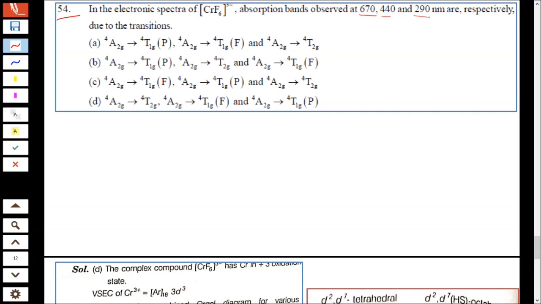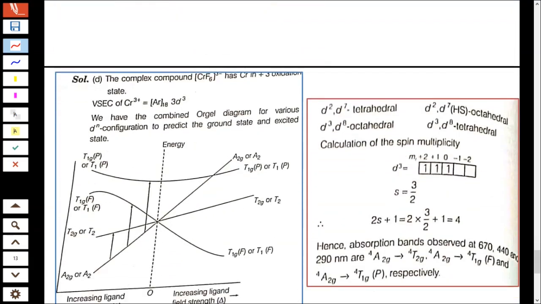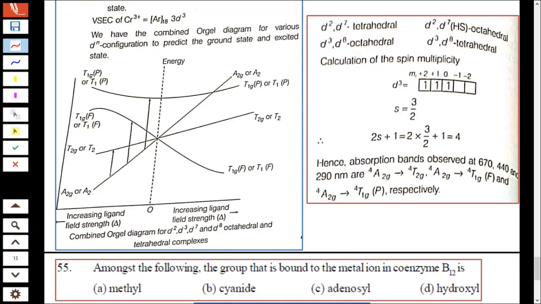For this you should know the orbital diagram. Here the transitions are 4A2g to 4T2g, 4A2g to 4T1g, and 4A2g to 4T1g(P).